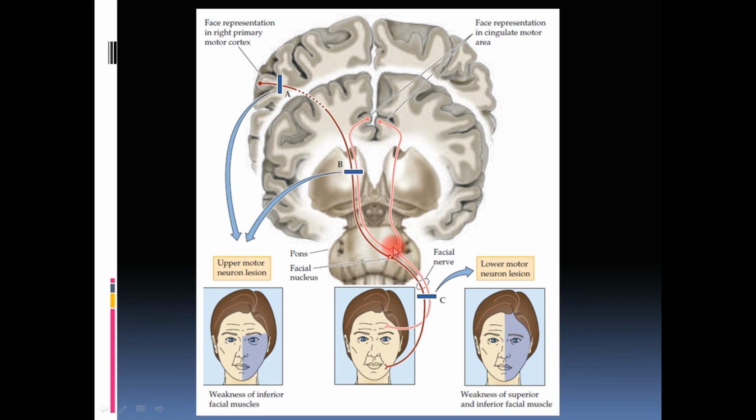The output to the body is through the spinal cord, but the face and other areas are supplied by the cranial nerves, not by the spinal nerves. The nerves arising from the spinal cord are the spinal nerves, which supply the rest of the body, but certain areas of the body are supplied not by the spinal nerves but by the cranial nerves. Those nerves arise from their nuclei; as you can see, the facial nerve nucleus is present in the brain stem.